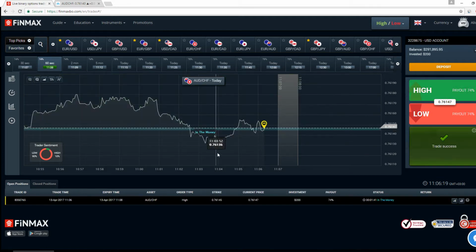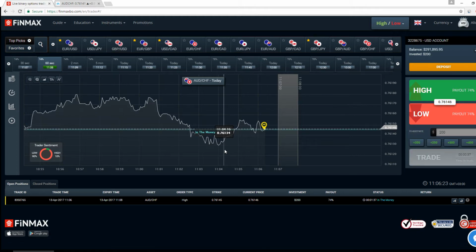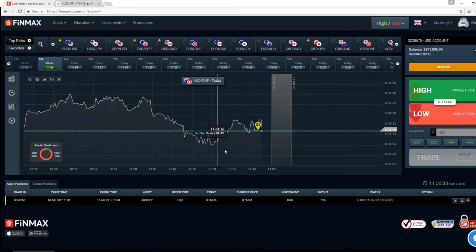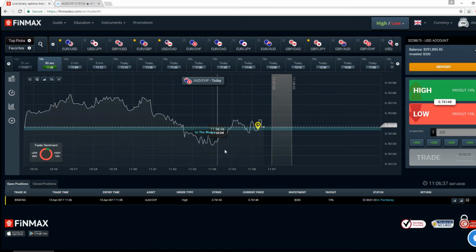That's good. And as usual, I'm planning to write down the trades that I have opened, in order for me to control everything and to understand where we are going. That's Australian dollar to Swiss franc, the first trade for 1 minute for high.